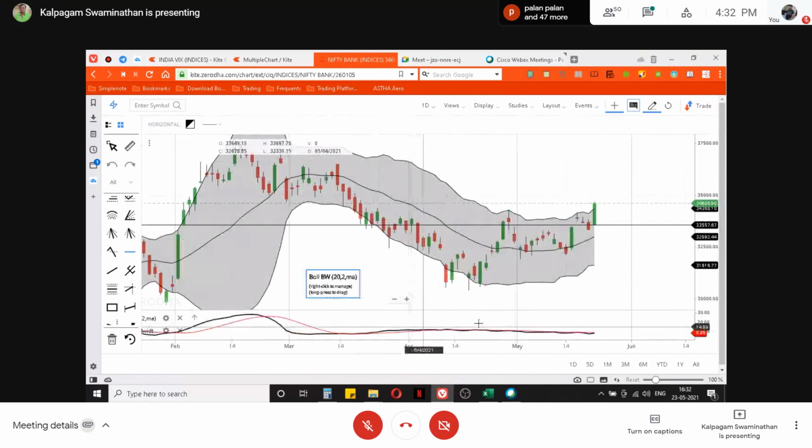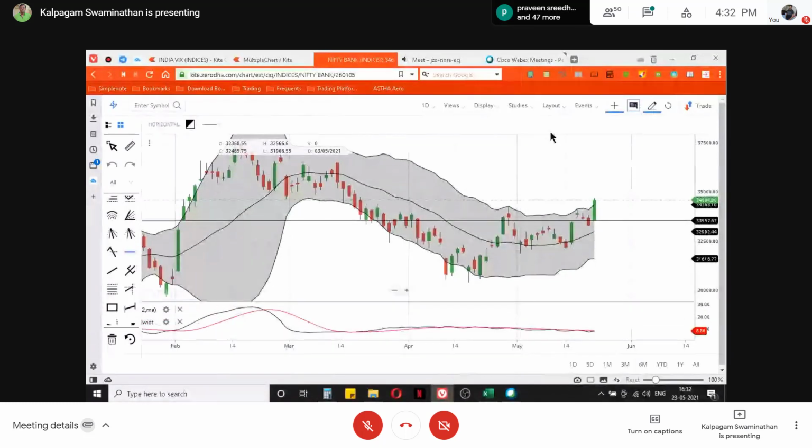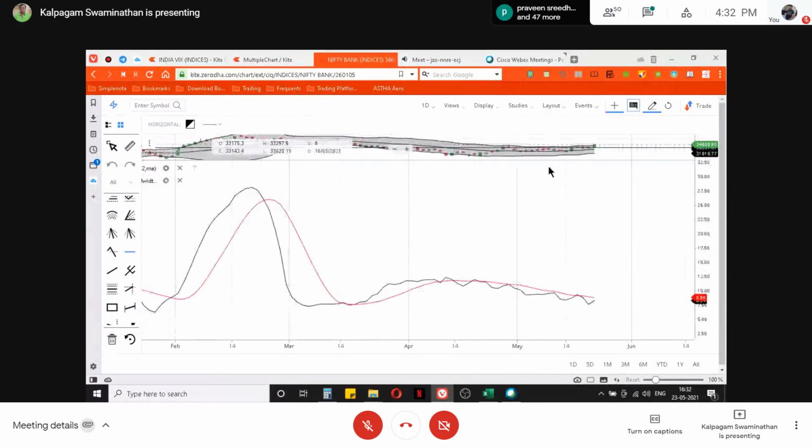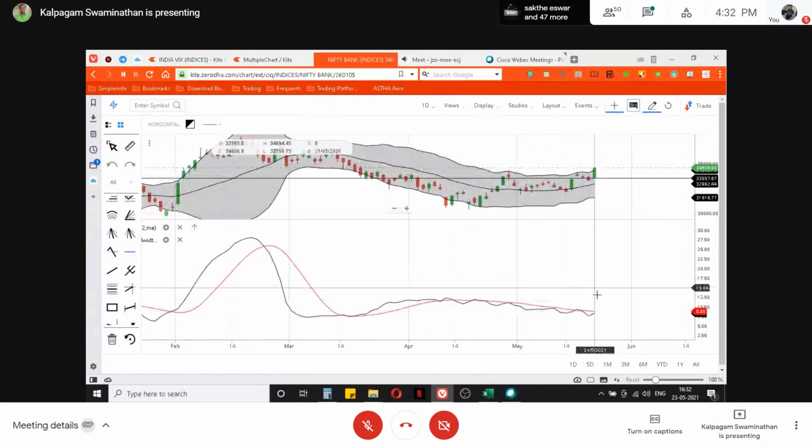And here, you're still not out of the sideways market. You need this to cross for you to get another trending move. If it doesn't cross and goes down again, then you're going to be in a sideways market again.